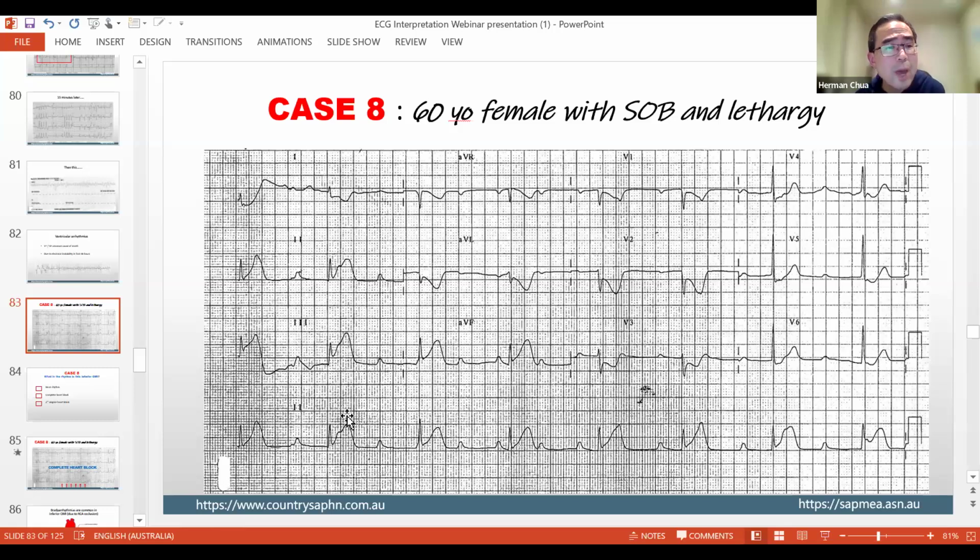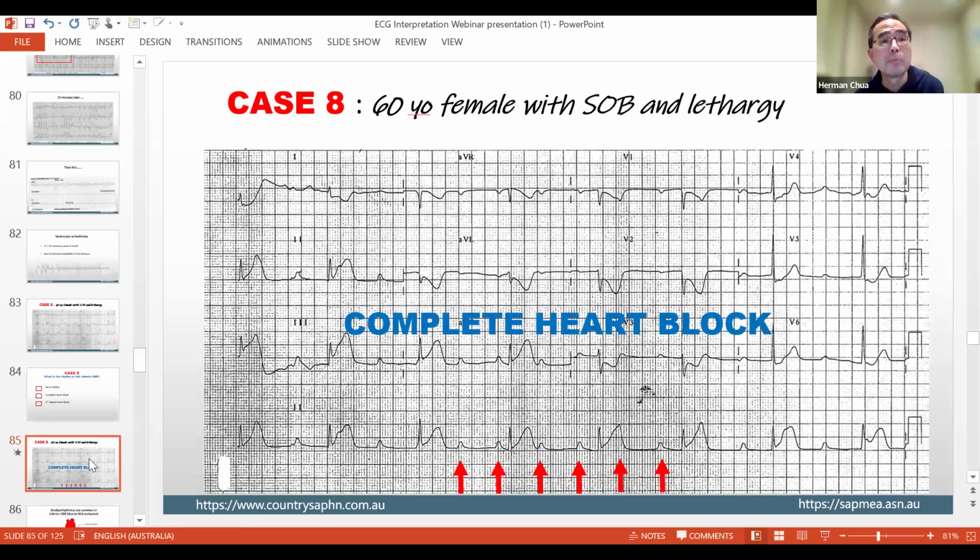You actually see this quite commonly in inferiors, especially inferiors caused by right coronary artery involvement. So this is a complete heart block. How do you explain this?